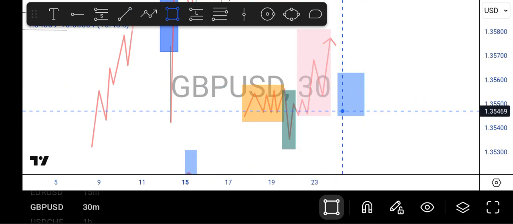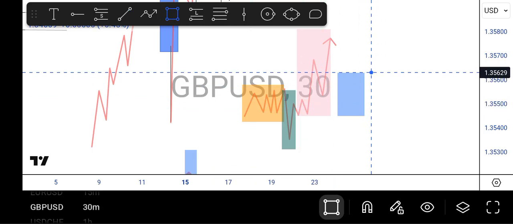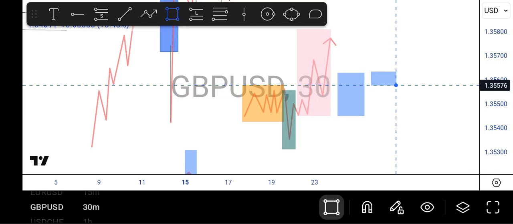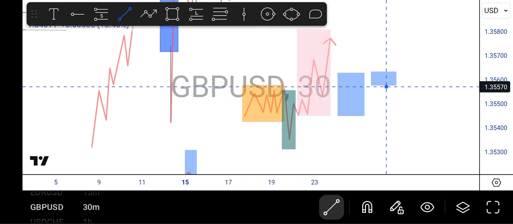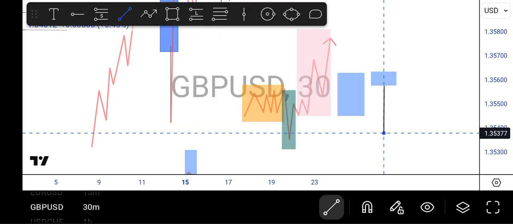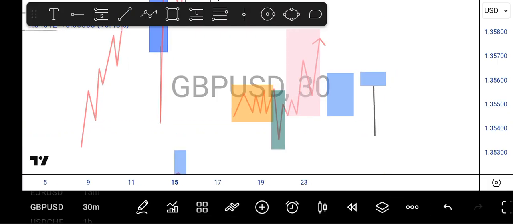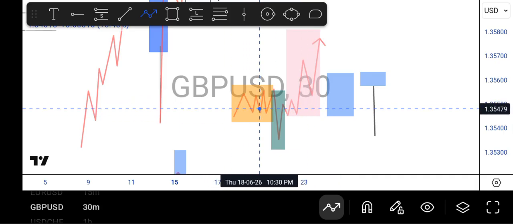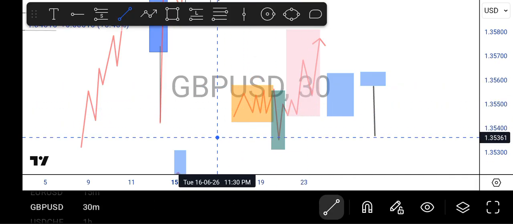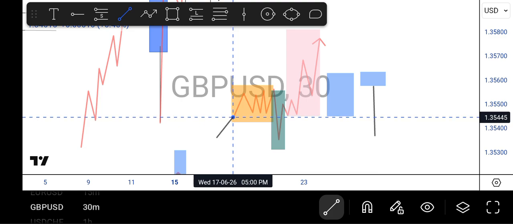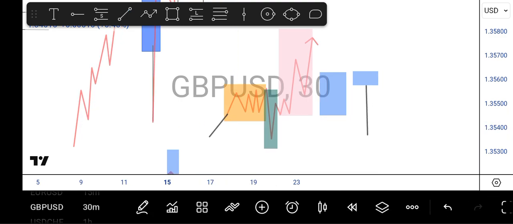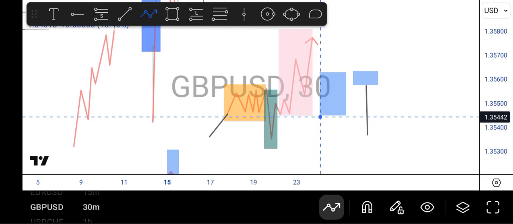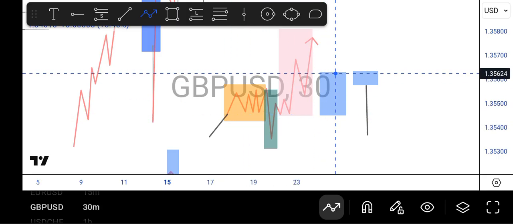So the next candle opened there and closed somewhere there, but it went below. So I'm using the previous one. The price was bullish, maybe it came from this place. Maybe the candle opened there, we are bullish that day, price closed there.